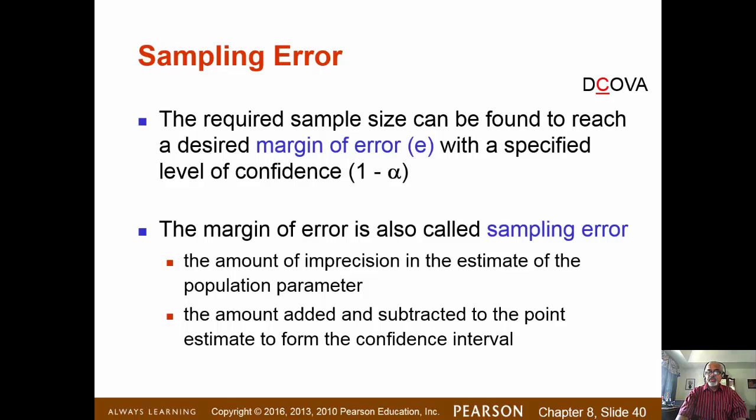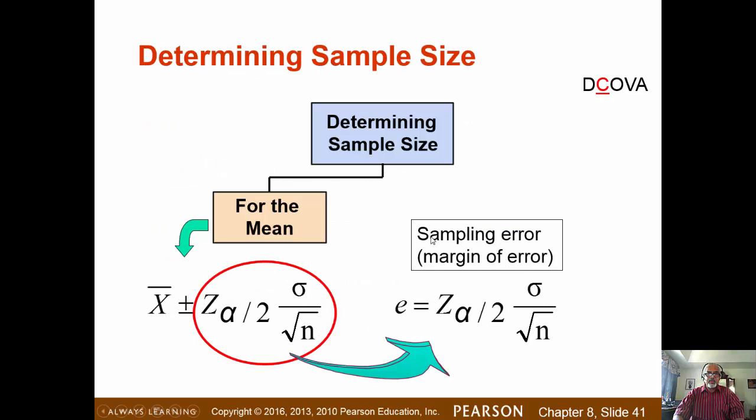There are two things involved in computing margin of error: the z value and the standard error value. Sigma, whether it is known or unknown, if it is known, it is a fixed number. If it is unknown, it comes from the sample, and again, it is a number that you cannot control. The only two numbers that you can control are z and n.